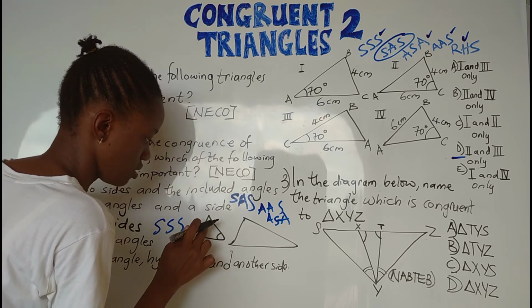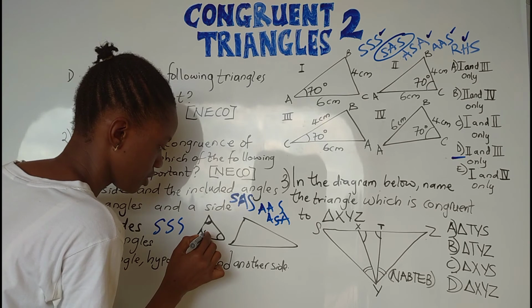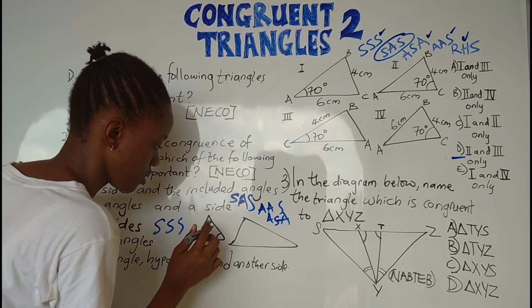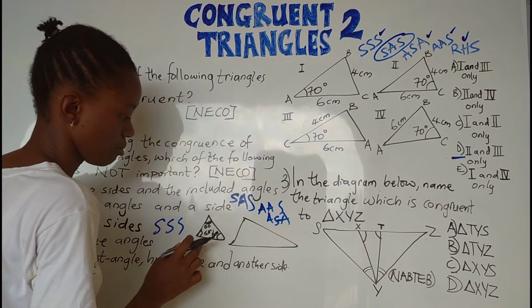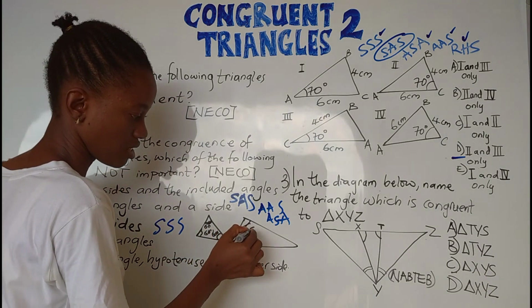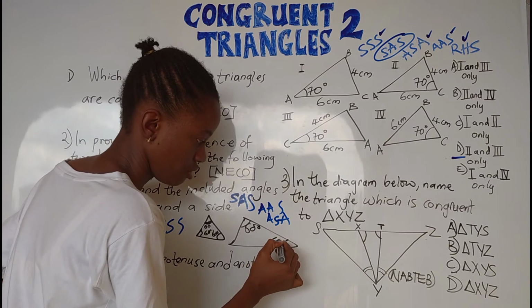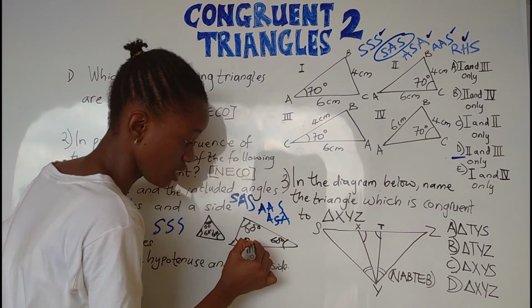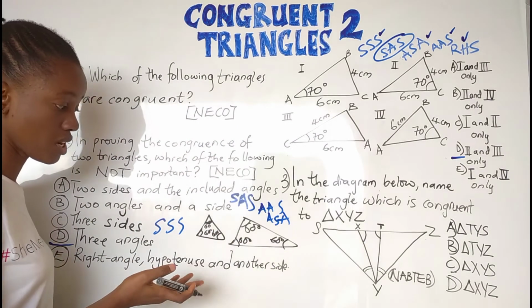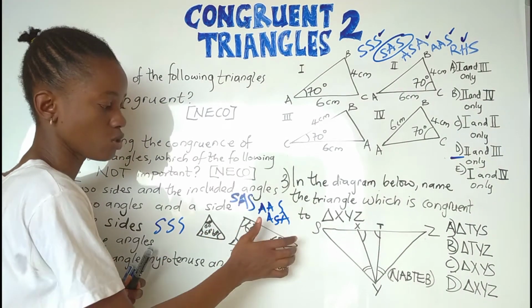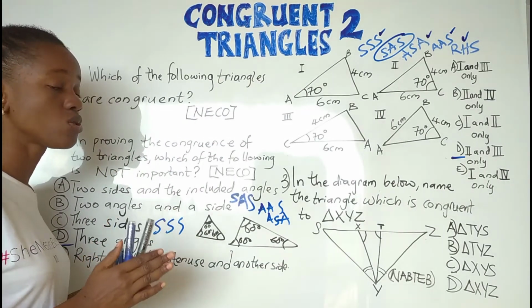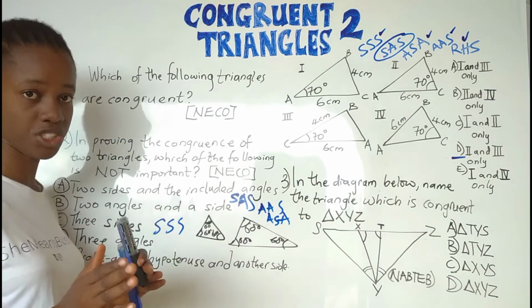Let's say this is 60 degrees, 60 degrees, 60 degrees, okay? And we have another 60 degrees, 60 degrees, 60 degrees. You can see they have the same set of angles, okay? But you cannot say they are congruent because they are not the same size. This one is bigger.